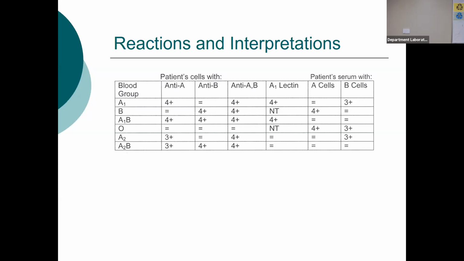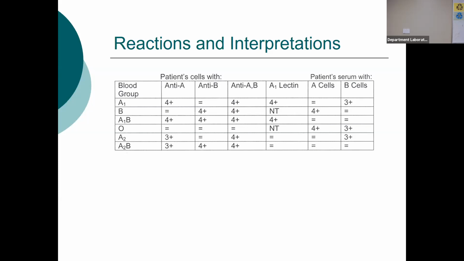Results are given here for A1 lectin. So if you notice your A1 patient has a 4+ reaction with A1 lectin, A1 lectin detects the A1 antigen. And what if this patient was A2? If this patient was A2, we would have a negative reaction with A1 lectin, as seen here in this example.